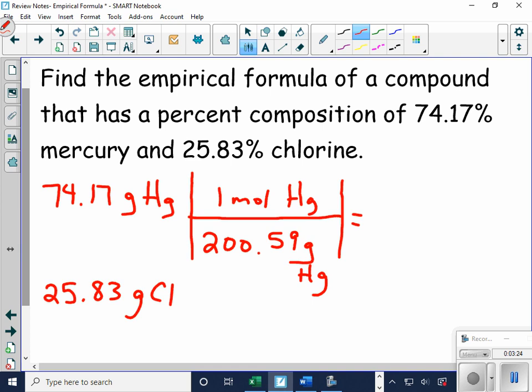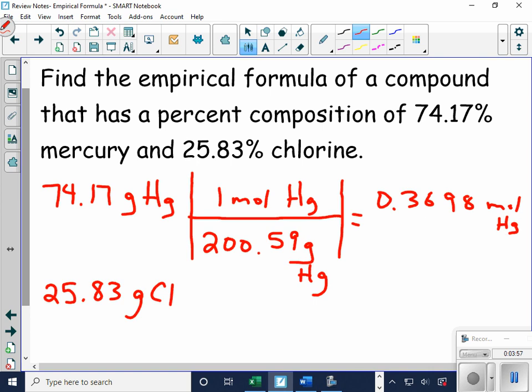So when I do my math, I'm going to take 74.17 divided by 200.59, and I'm going to come up with a value of 0.3698 moles of mercury.